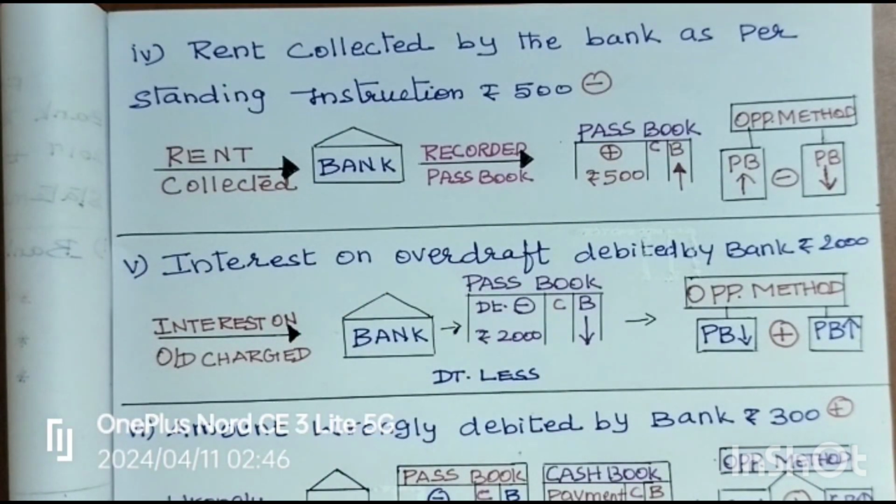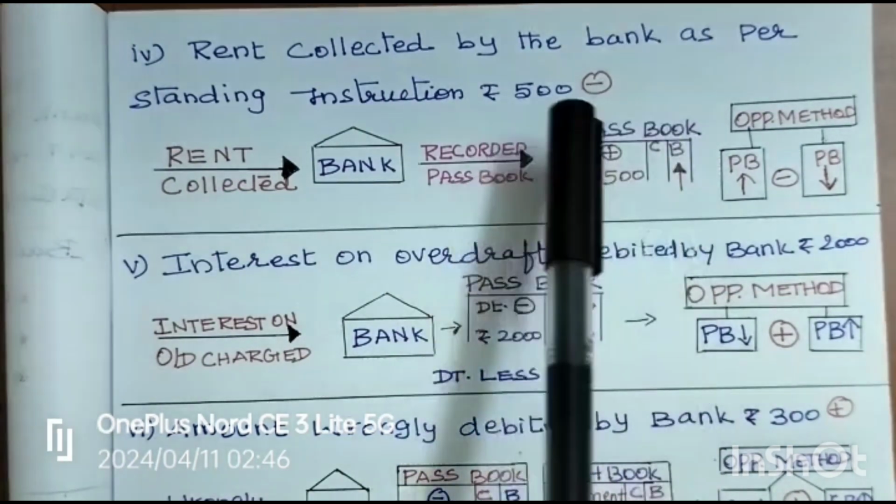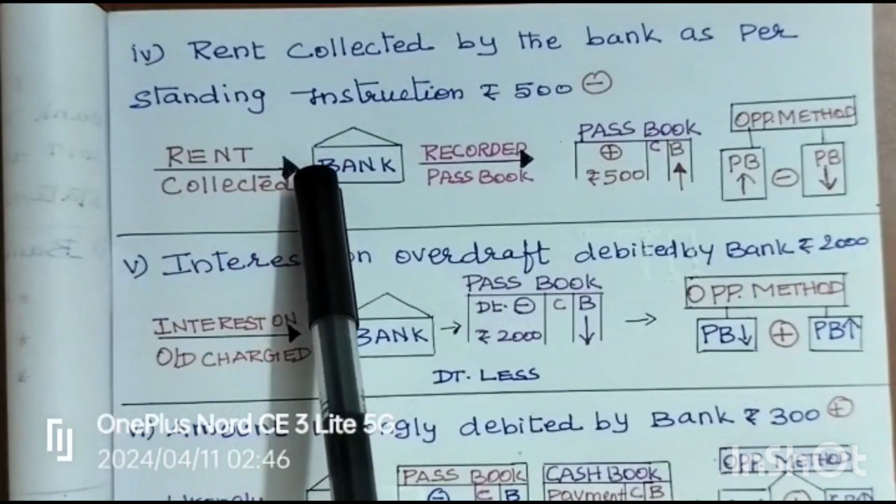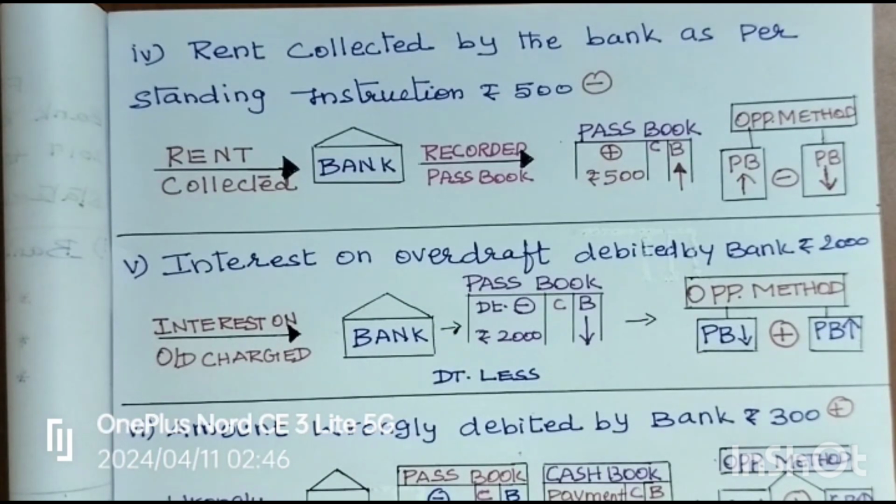Listen, sometimes the bank may be instructed to make payments such as insurance premium, installment of loans and collection of rent, etc. as an agent of the customer on behalf of its customer. In such a case, when the bank collected the rent as per the instruction, the bank collected the rent ₹500. Okay.